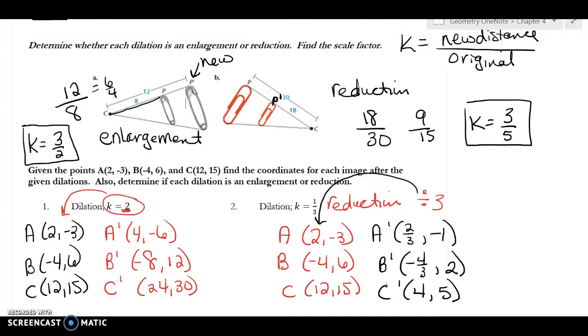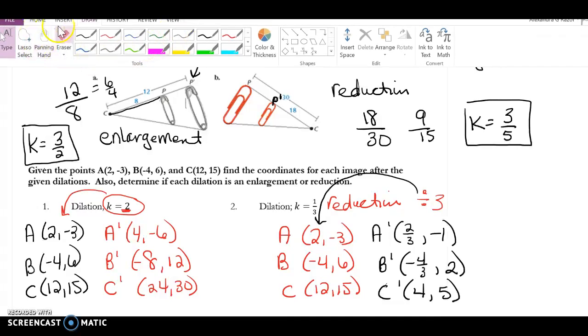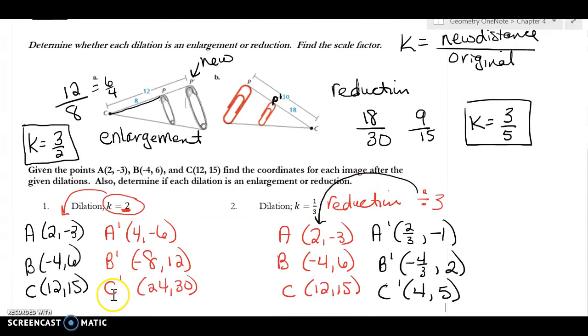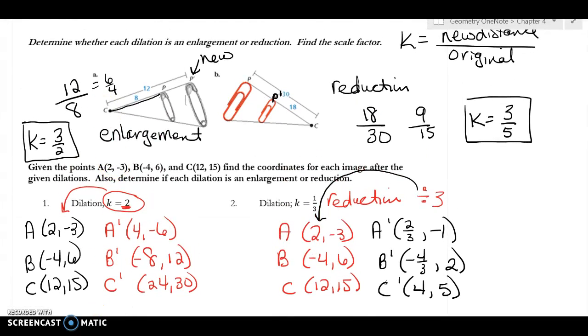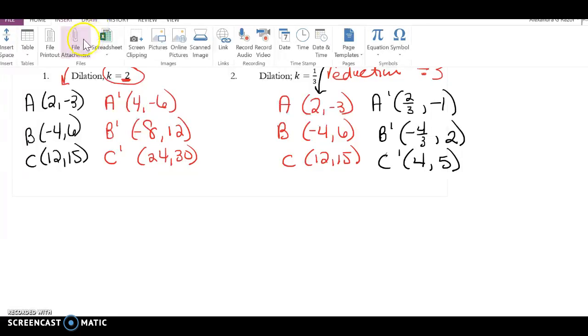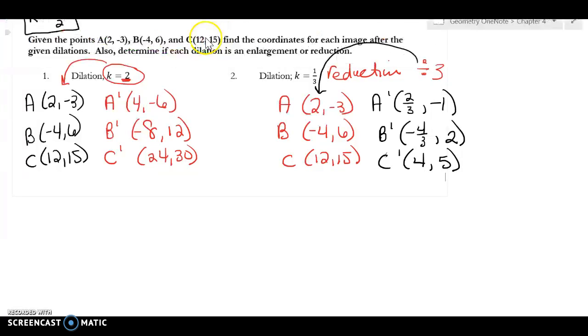Now, there's one other thing that you could see. You could see it in notation. So I want to do a problem with notation. What you could see is a problem that says (x, y) goes to (4x, 4y).